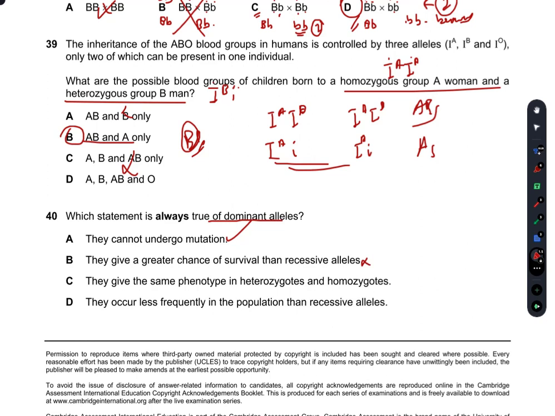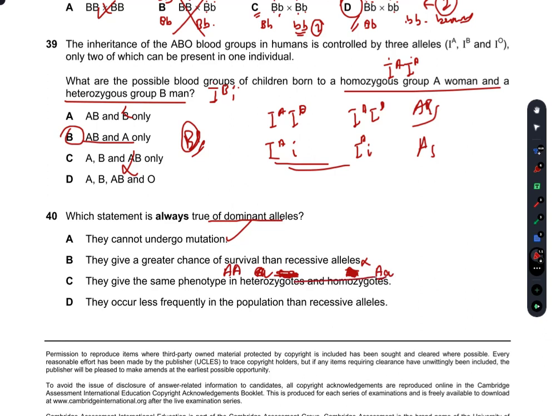Suppose we have, for normal body pigmentation, capital A capital A and capital A small a; albinism is the converse.